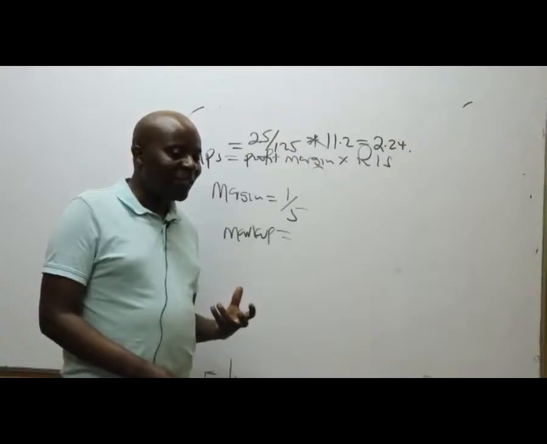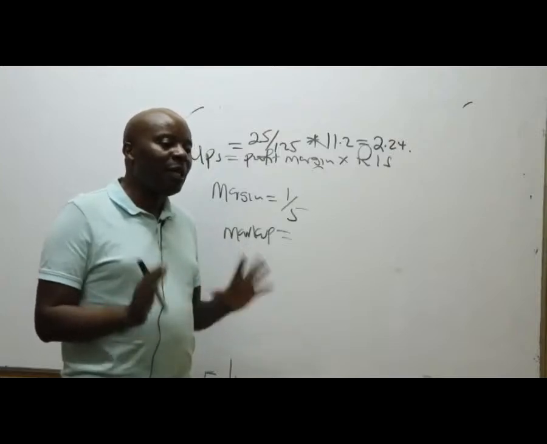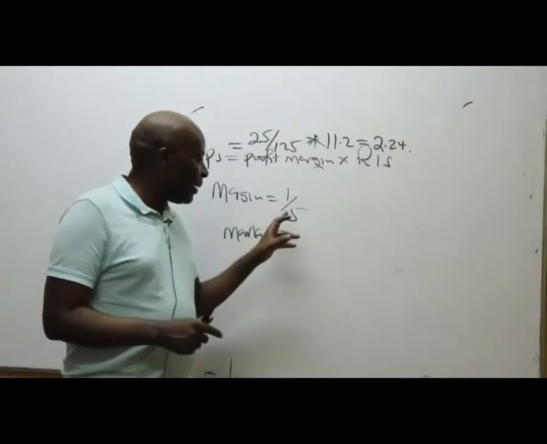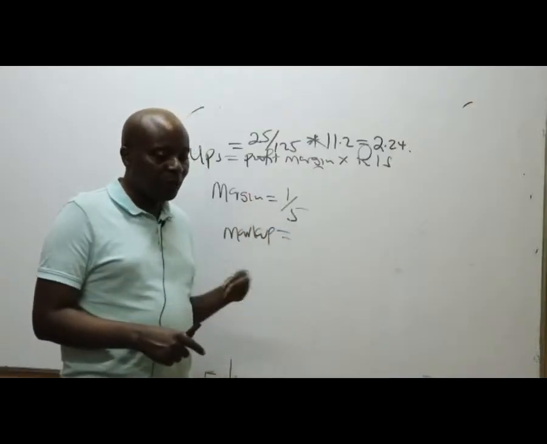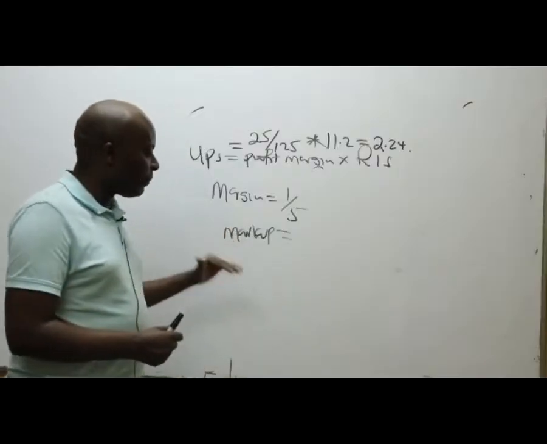The one that has a big denominator is the margin. Margin always has a bigger denominator. Markup, I go down.